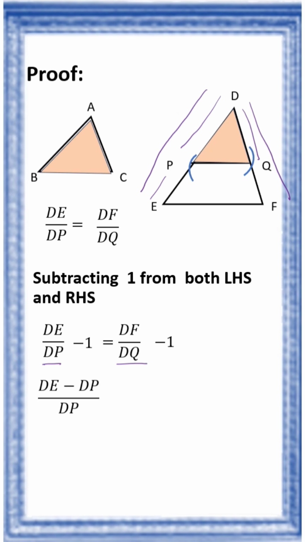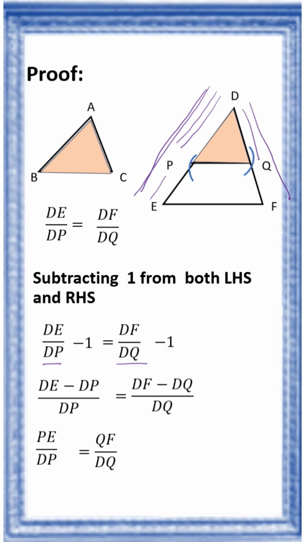So DF minus DQ by DQ. So DE minus DP means what? DE minus DP. That is PE. PE by DP is equal to here QF by DQ. Now once again we have to take reciprocal because we want DP by PE is equal to DQ by QF.